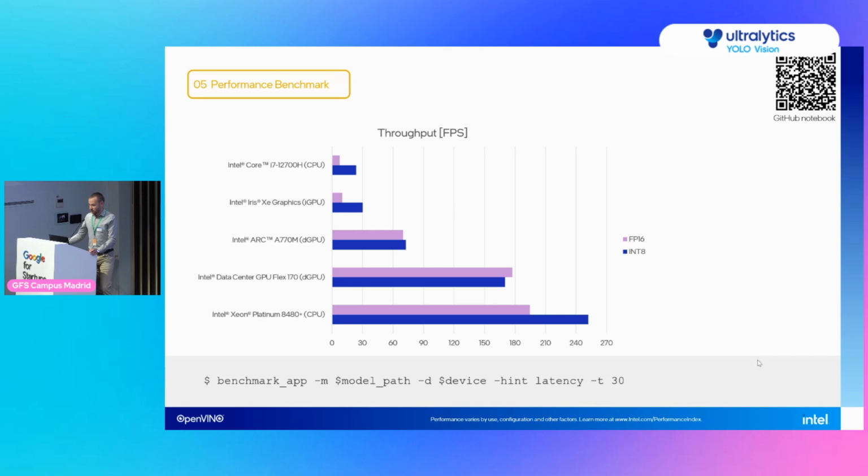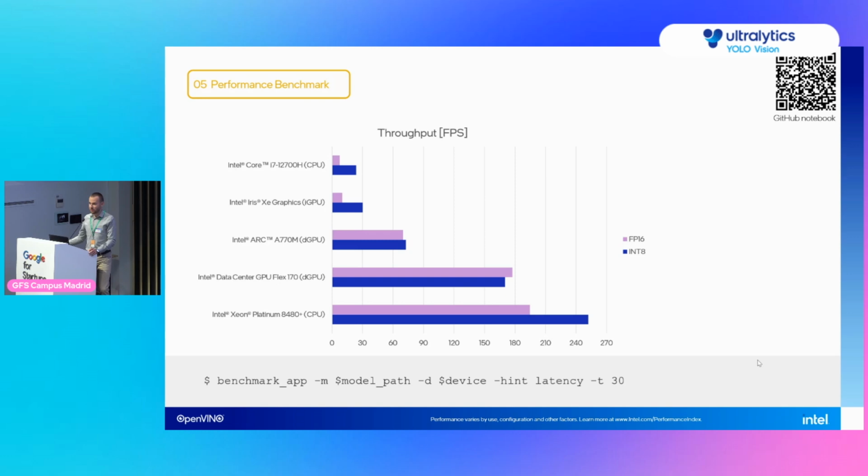Of course, in most cases, Int8 is faster than floating point 16, and that's expected. But in the case of dGPUs, Flex and Arc, we don't see much difference, right? And the question is why? The answer is because OpenVINO has a feature called default inference precision.